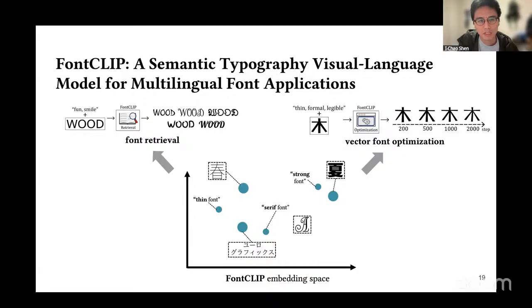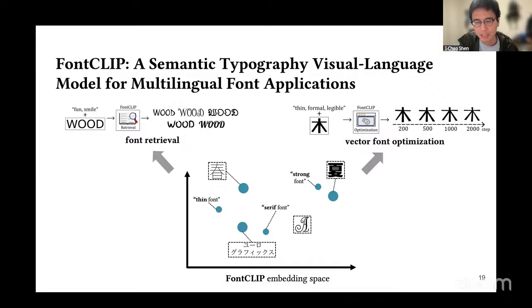So we propose this Font Clip embedding space, where the text that describes the typographic property will be closer to the similar font in the image space.